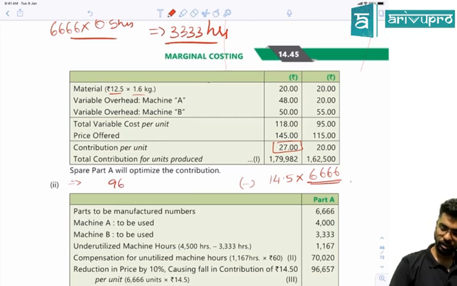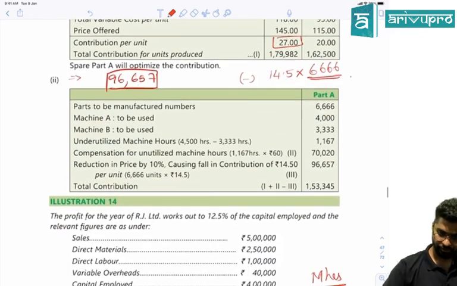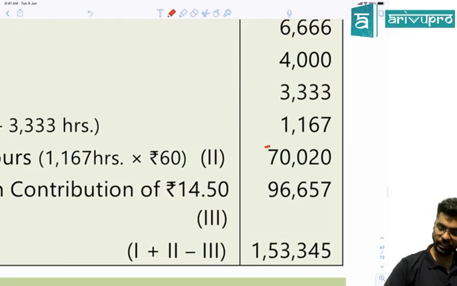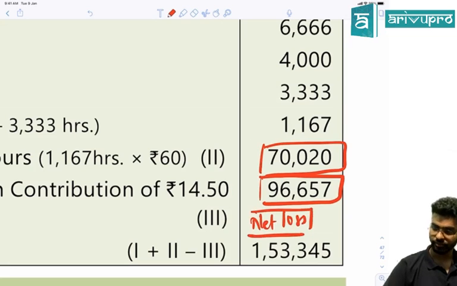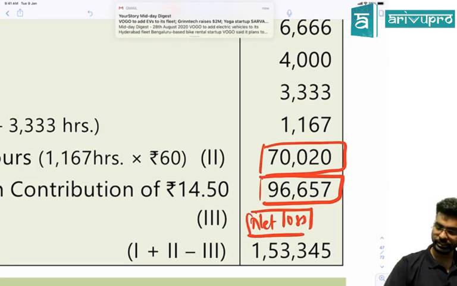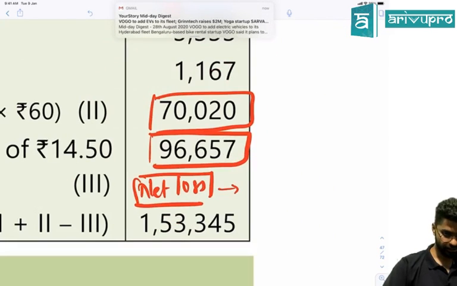96,657. Okay. You are gaining, guys, 70,000. You are losing out 96,667. So what is your net loss? 26,637. Yes or no?